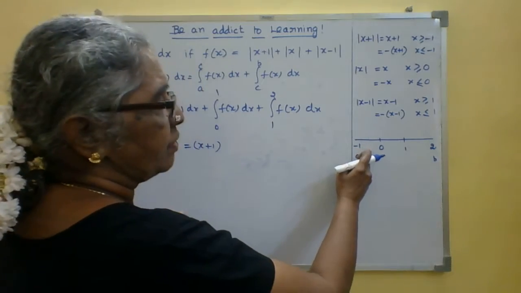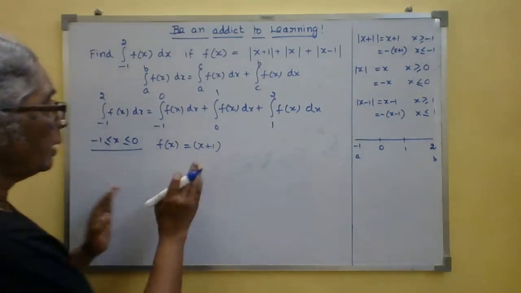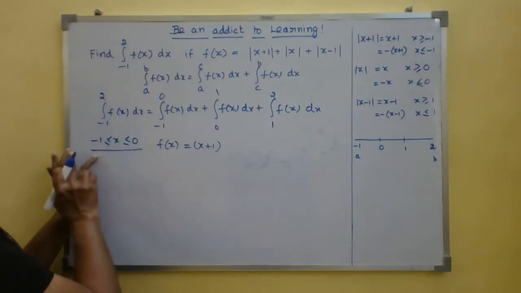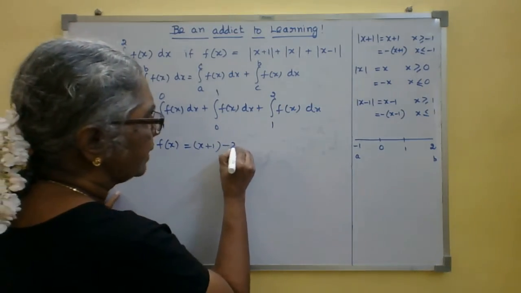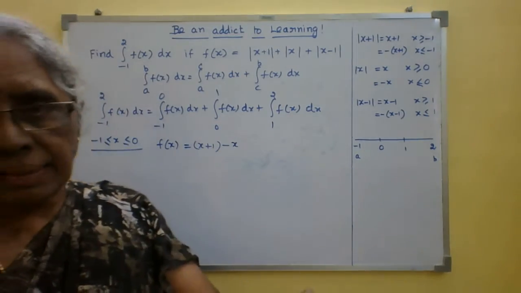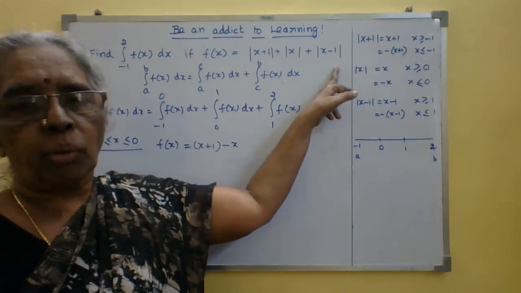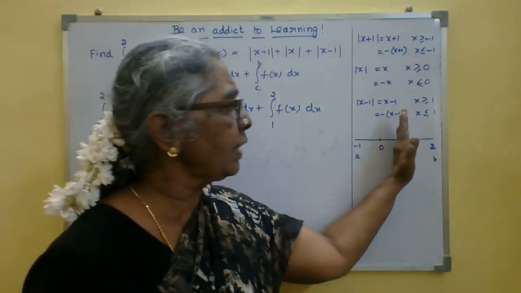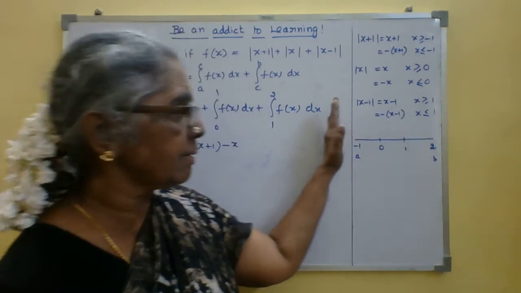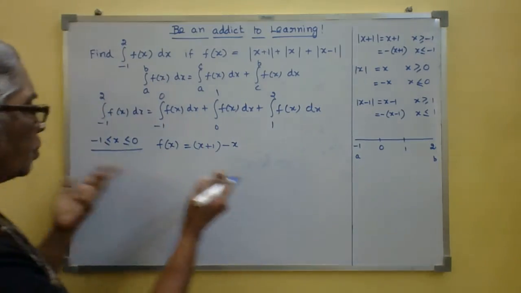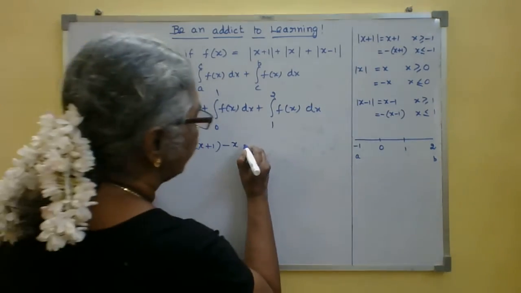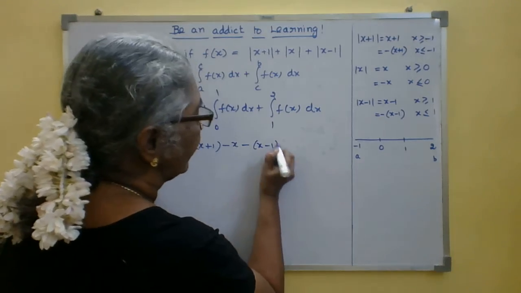When it is lesser than 0, it is negative. Now in this interval, it will be lesser than 0. So you will get a negation here. So that will be minus x. When you come to the third one, mod x minus 1, that will be positive if it is greater than 1. That will be negative if it is lesser than 1. So naturally it is lesser. So you will get a minus of x minus 1.